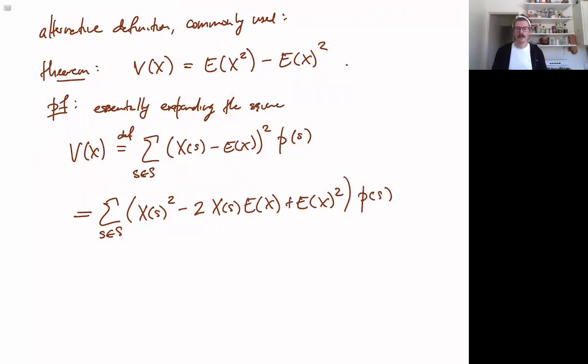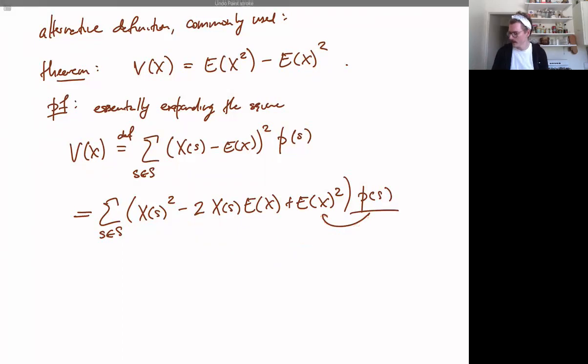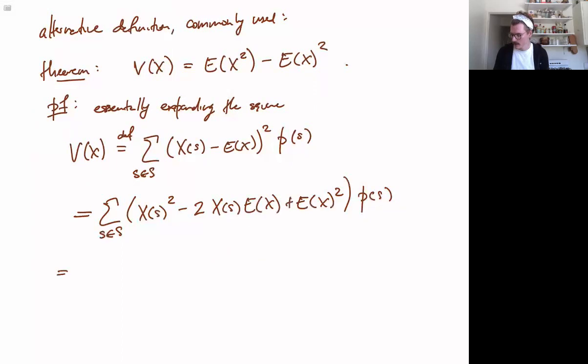And now the point is that we can give each of these terms its own summation. So basically, we're going to distribute this term into each part and then write out the sums separately. So when we do that, we get the sum over s in S of x of s squared times the probability of s minus 2.